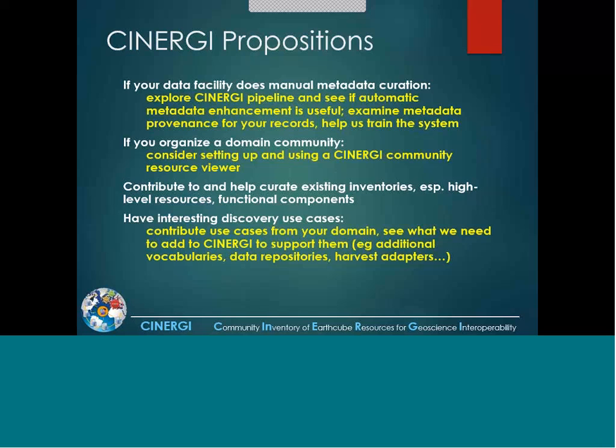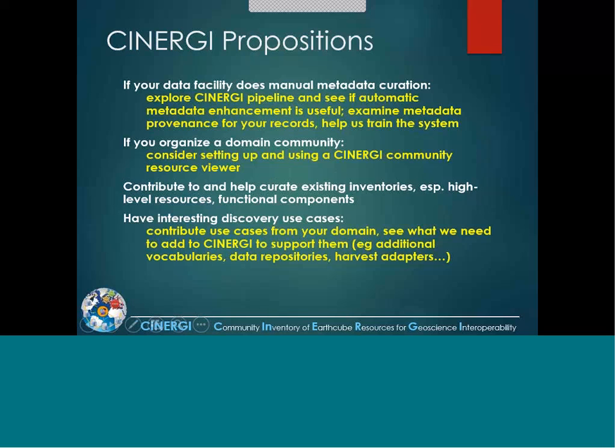If you organize a domain community, we can set up a CINERGI community resource viewer. In fact, there is also a sandbox version. If you go to connection.earthcube.org, you will see an empty canvas that you can start populating with resources from your group.